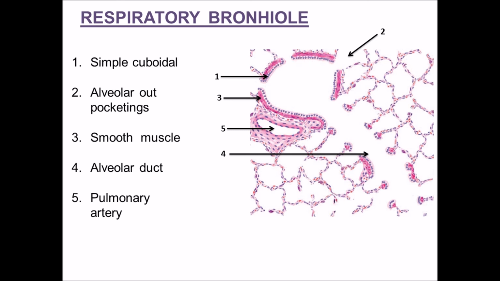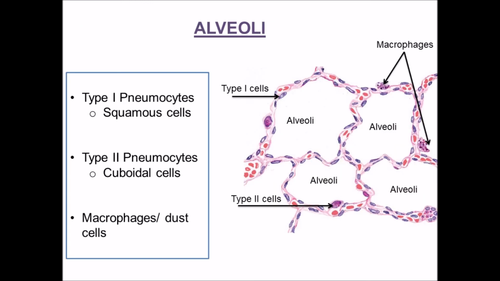Now, this respiratory bronchiole continues as the alveolar duct. Numerous alveoli or alveolar sacs open into the alveolar duct. These are the alveolar sacs or the alveoli. An artery can be seen which accompanies the respiratory bronchiole, that is the pulmonary artery.